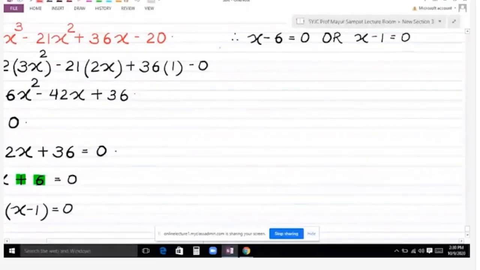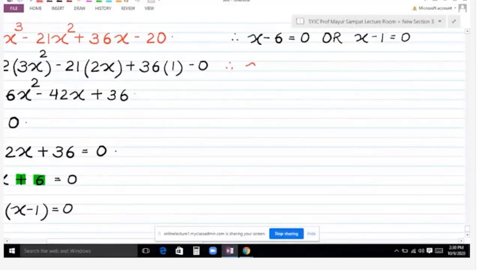Therefore, ये देख लो, therefore x is equal to 6 or x will be equal to 1.